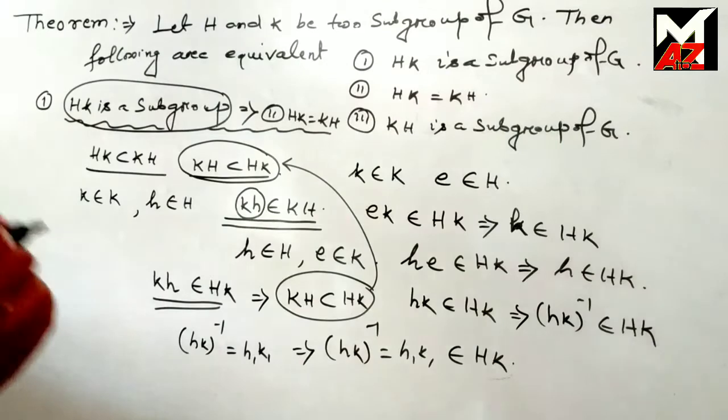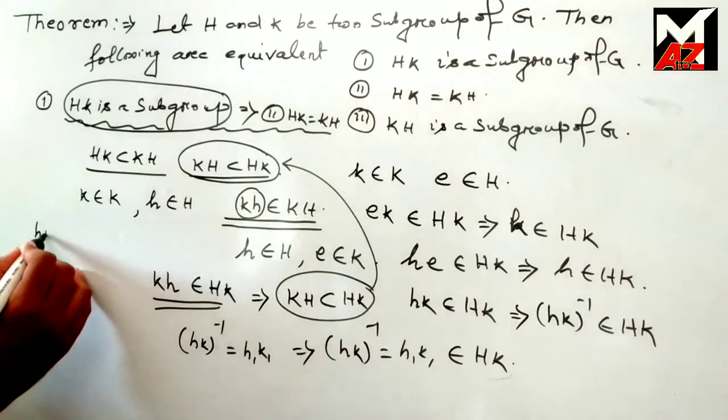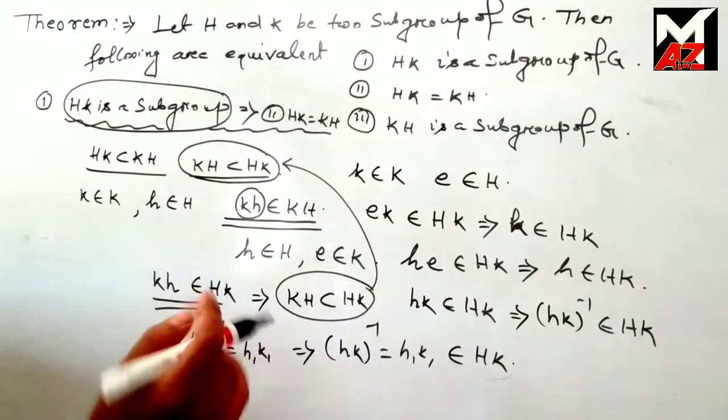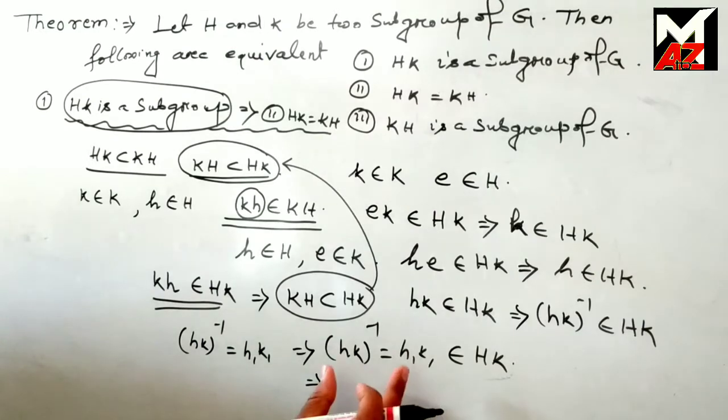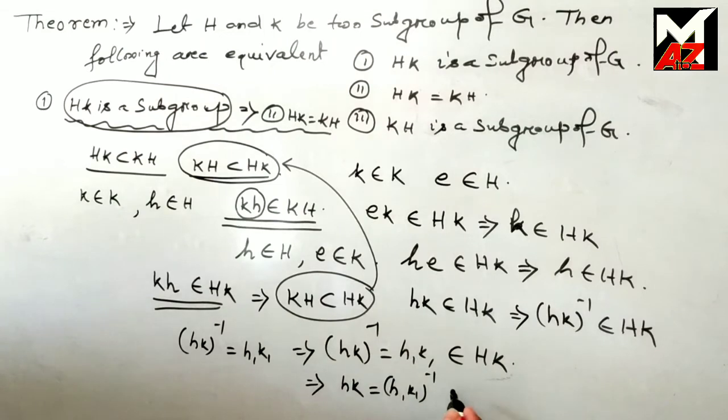Now if we take the inverse on both sides, we get hk equal to (h1 k1) whole inverse, and this must equal, from the inverse property, k1 inverse h1 inverse, because (ab) inverse is equal to b inverse a inverse.